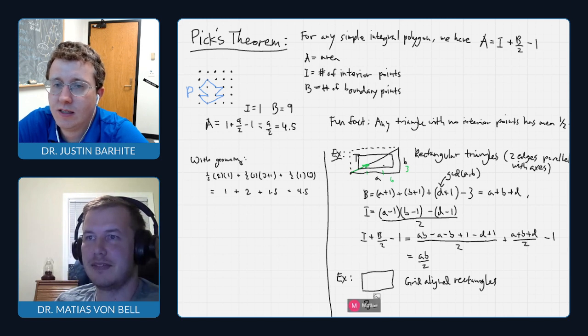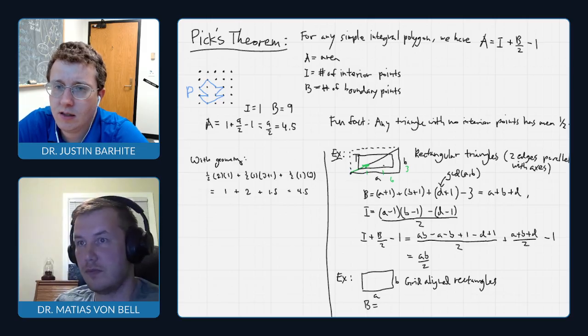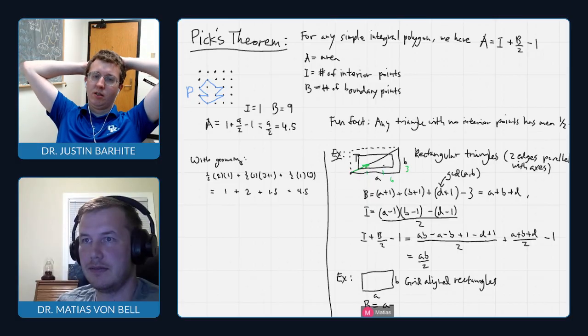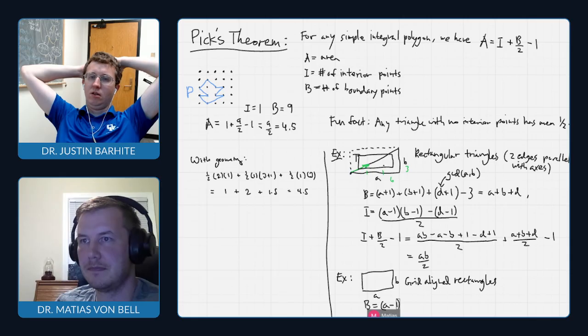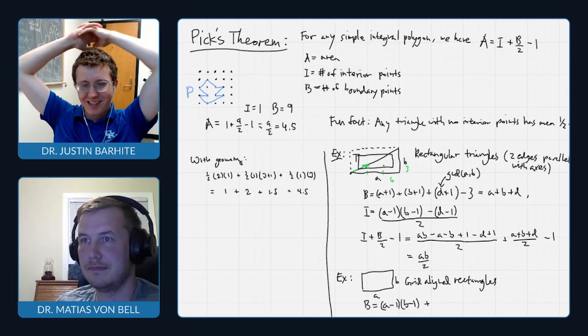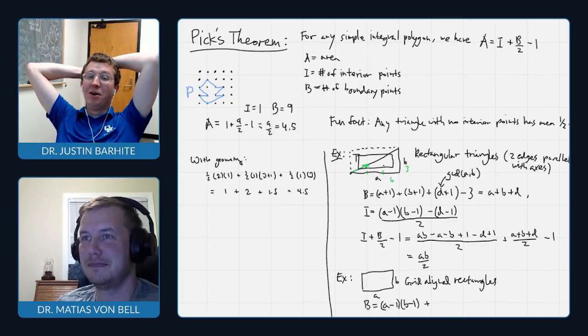So now, if this is A on this side, this is B, then like you said, I is going to be the interior points, A minus 1, B minus 1 again. And then B is going to be, I just noticed that we're using lowercase and capital B, but they're different.